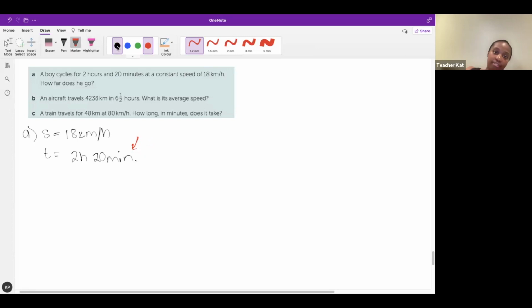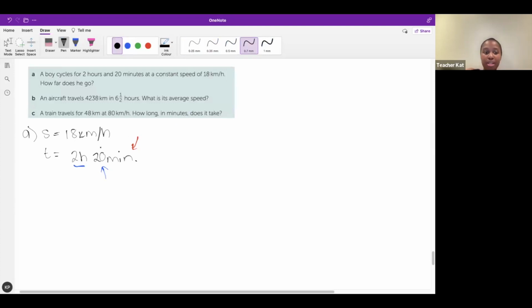So I know I have the 2 hours, but now how do I convert this 20 minutes to hours? Is 20 minutes the same as 0.2 hours or something? Is it the same? We just have to convert it the way we know how to.